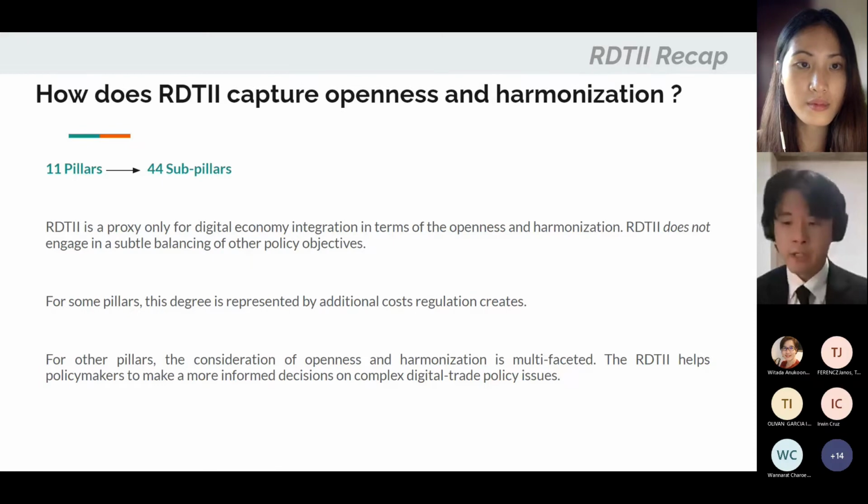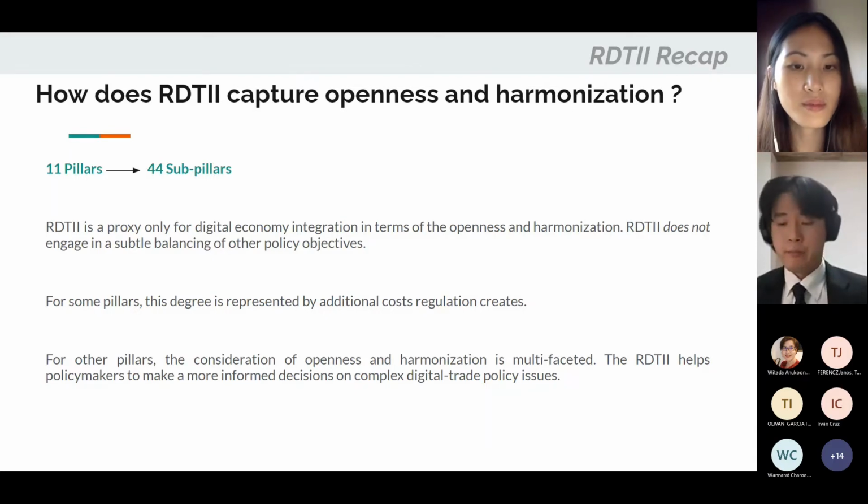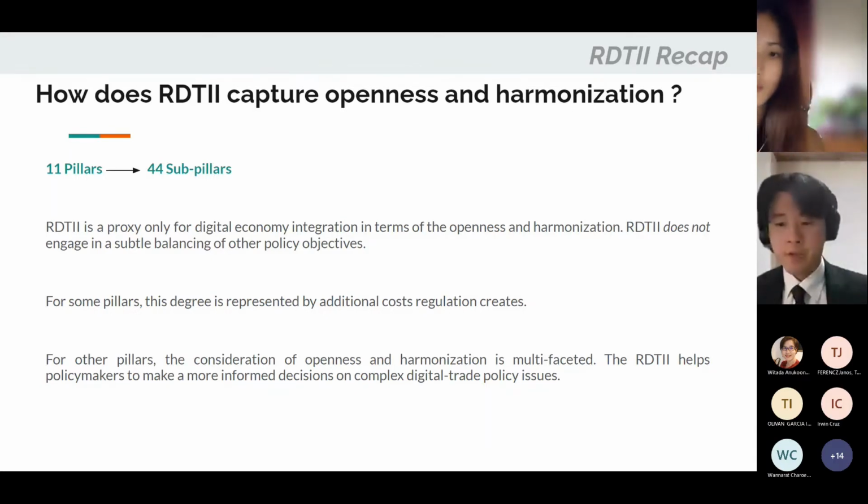For example, Pillar 1 consists of tariffs, trade defense, and membership of the WTO Information Technology Agreement. We gather information about regulation under each sub-pillar and assign a particular score to each regulatory measure based on prescribed rules.